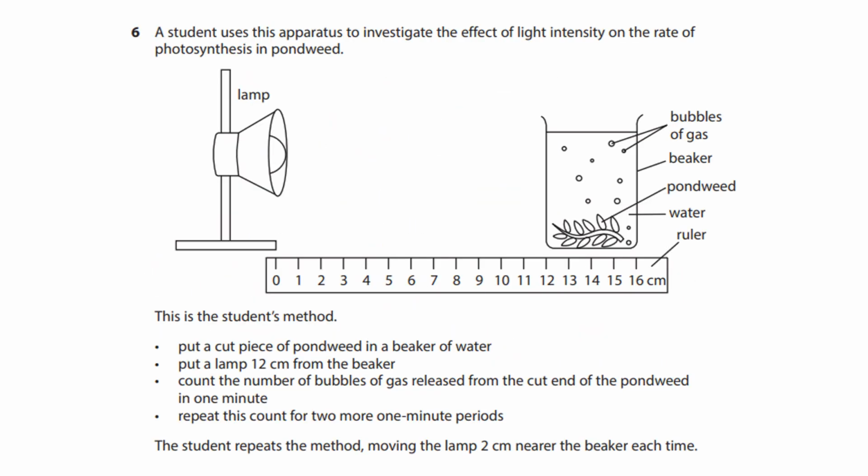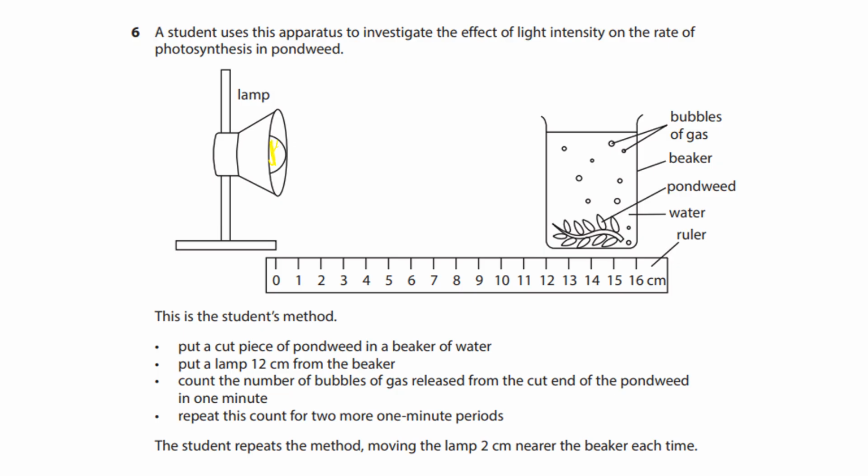Okay, now a student uses this apparatus to investigate the effect of light intensity on the rate of photosynthesis in pondweed. Ooh, pondweed is used in a lot of experiments for photosynthesis. Honestly, when I was doing my GCSEs, pondweed was in every single question, even in like the 2018 papers. Okay, let's do some drawing.